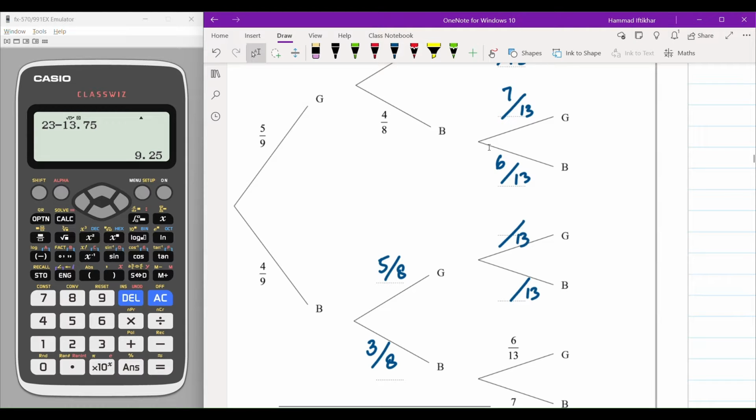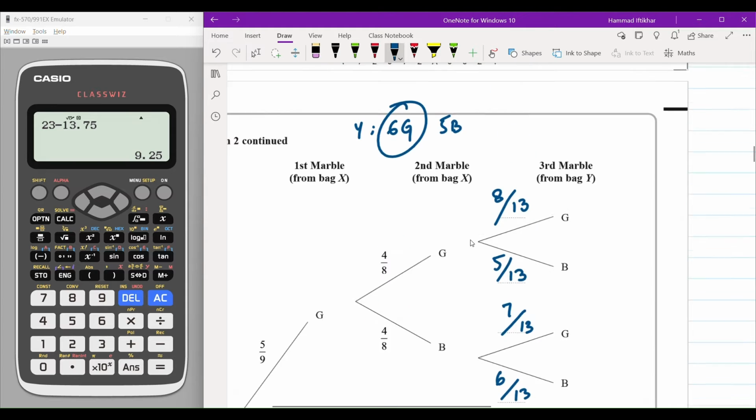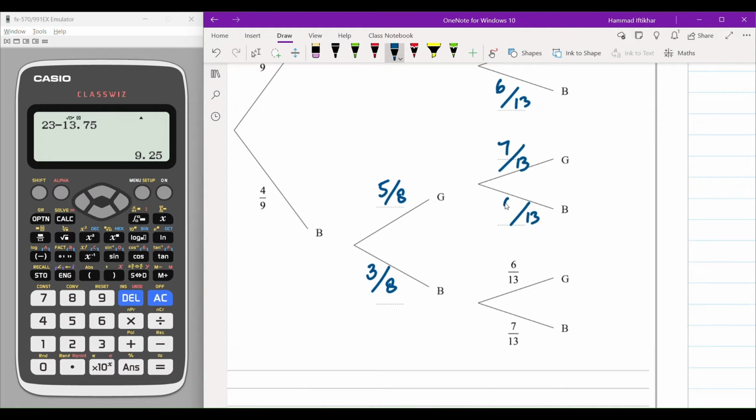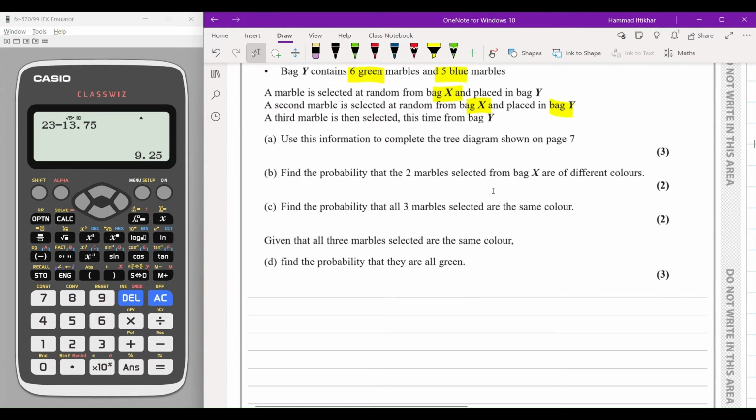Wait, hold on. Green has increased, so green previously was 6, they have 7. And then one blue ball was added, so this becomes 6. Right, so we have completed the tree diagram.